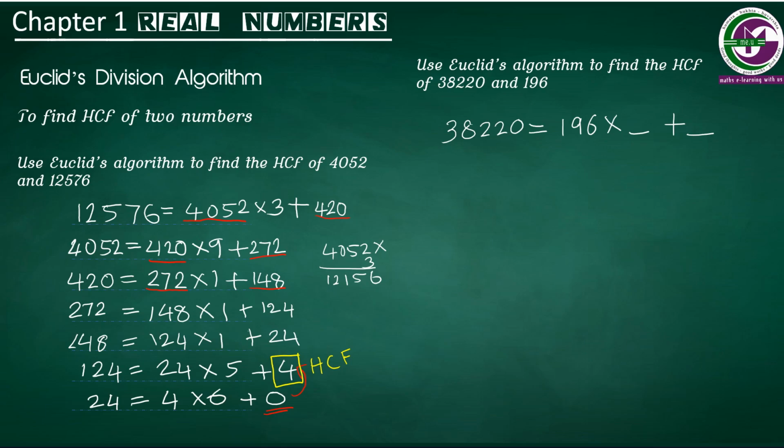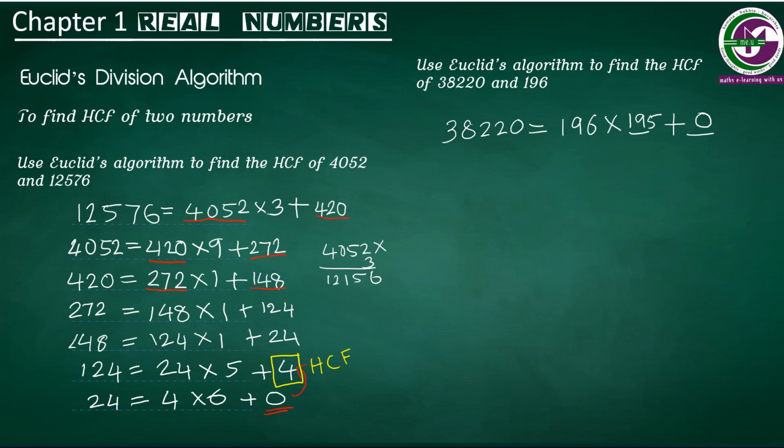So for that we need to divide 38,220 divided by 196. After dividing, we'll get the quotient 195, because 196 times 195 is 38,220, which leaves a remainder 0. In the first step itself we got the remainder 0, means there is no previous line, right?